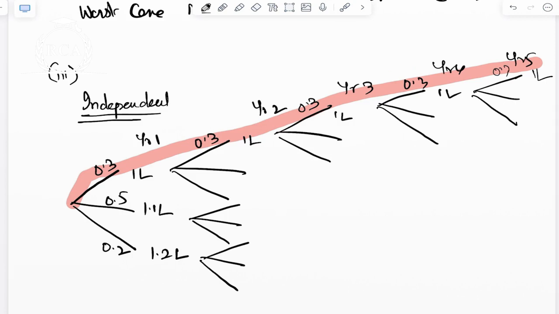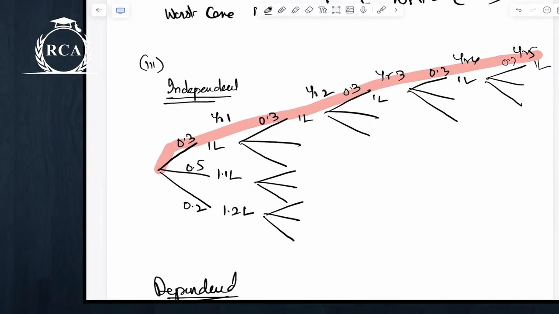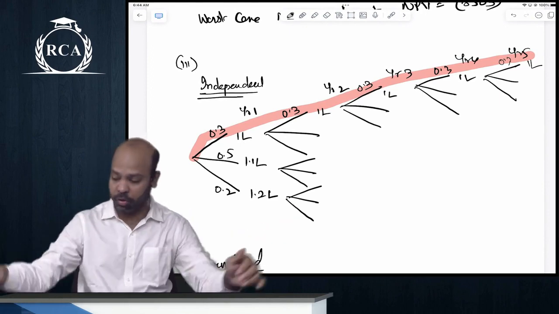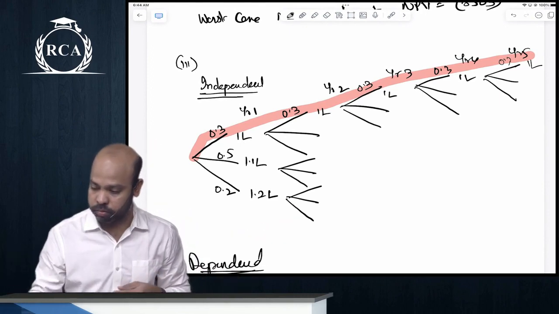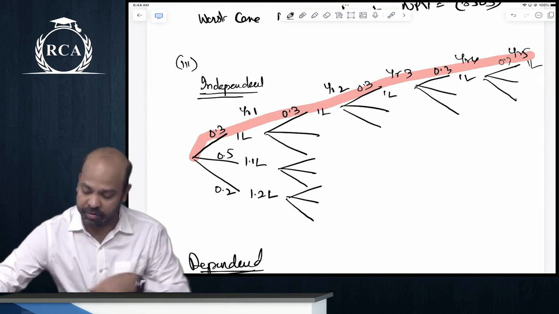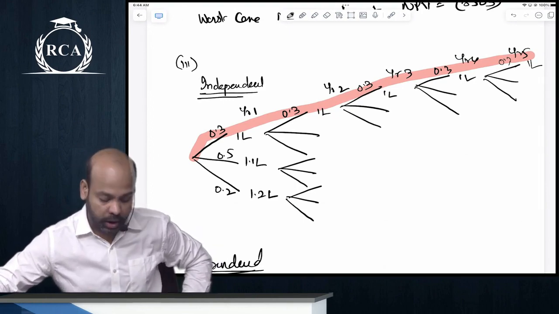Write down, guys. The worst case scenario will arise only if the cash flow is 1 lakh rupees every year.